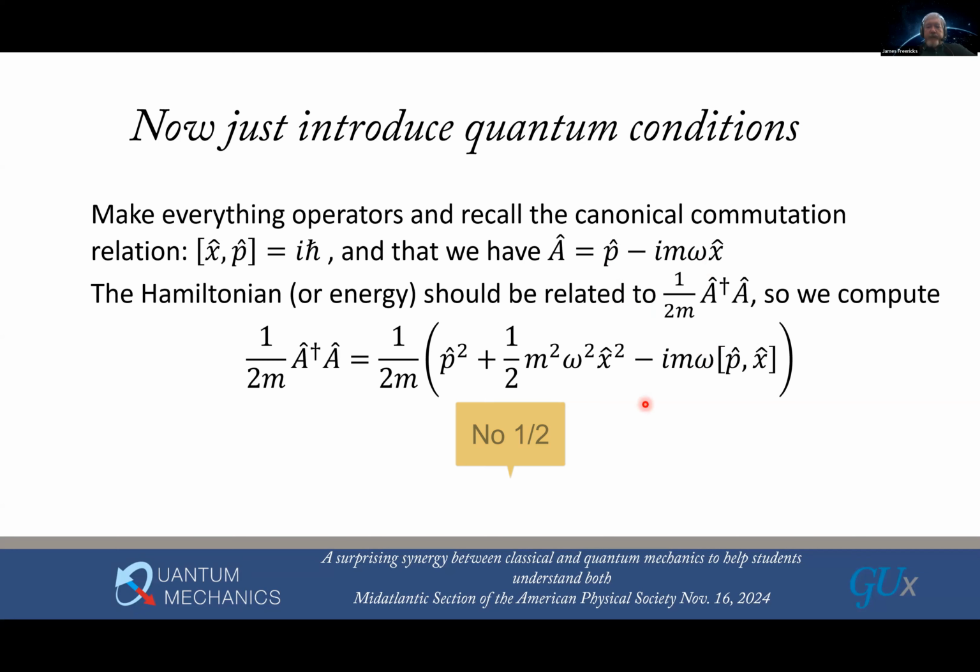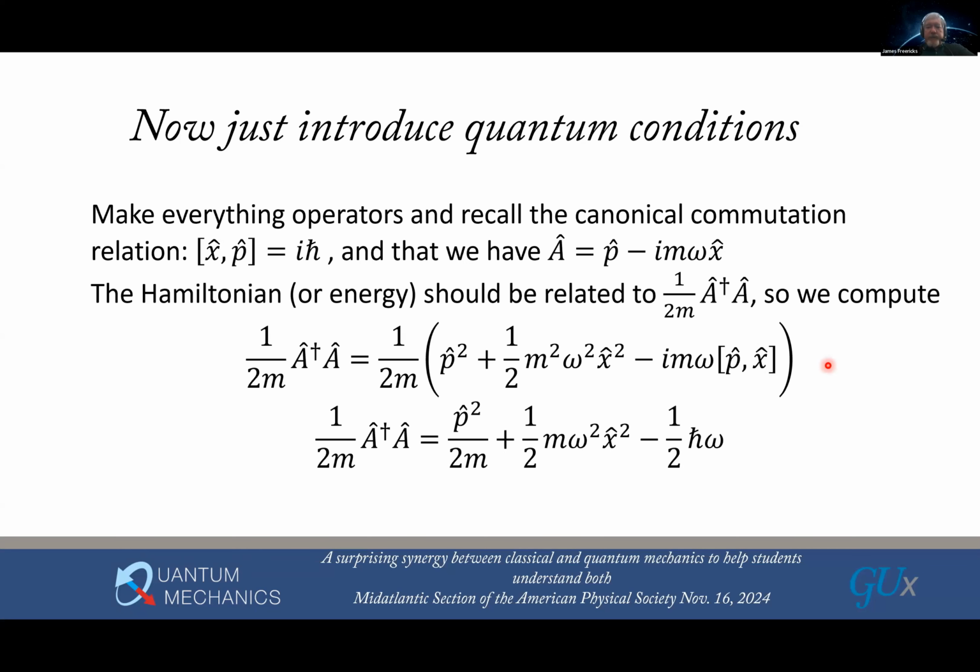And if you carefully work out the sign, you can see it's minus i m omega commutator of p with x. Now, commutator of p with x is minus i h bar. So when I evaluate that commutator, I get 1 over 2m A dagger A is p hat squared over 2m plus 1/2 m omega squared x hat squared minus 1/2 h bar omega. I just have to take this term, move it to the other side, and I will have the Hamiltonian for my quantum system.